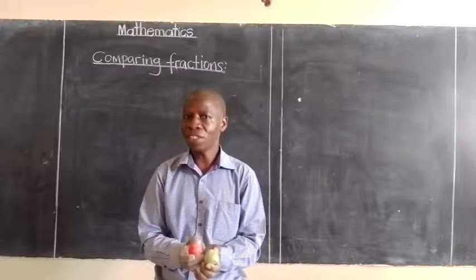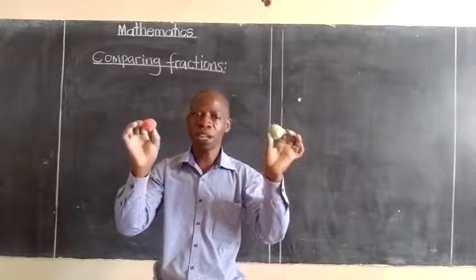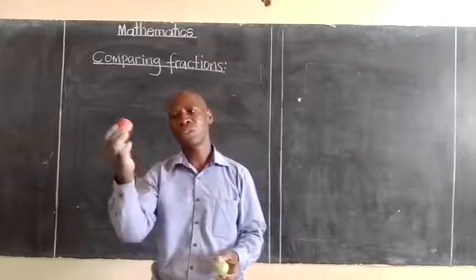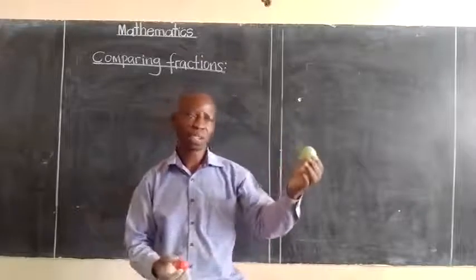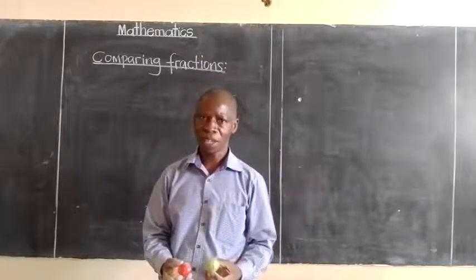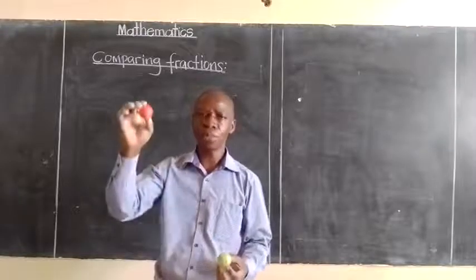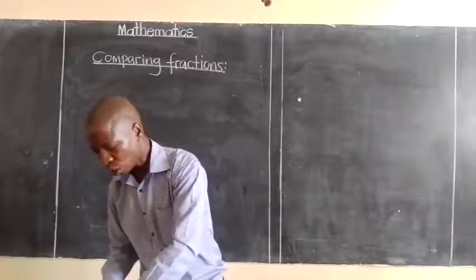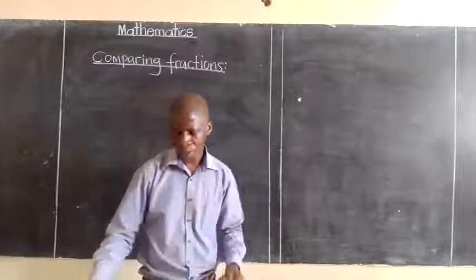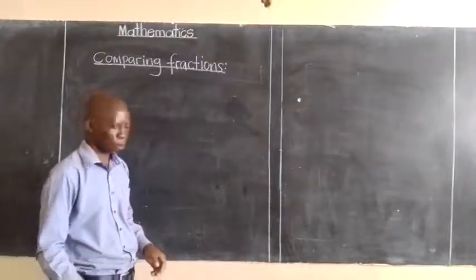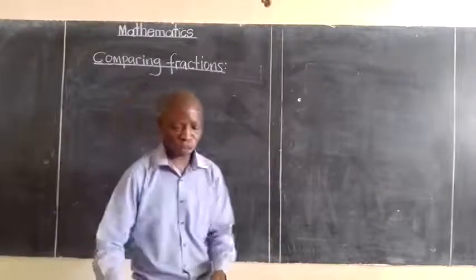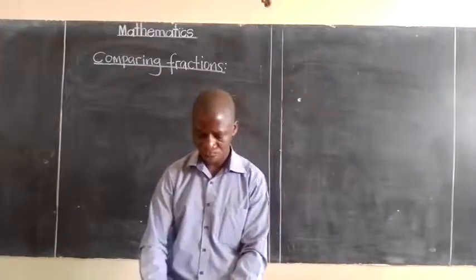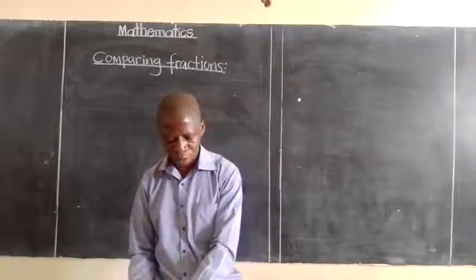The similarity is both are tomatoes. But this one is smaller and this one is bigger, and this one is ripe, this one is not ripe. That's what we call to compare. Likewise here we want to compare fractions.